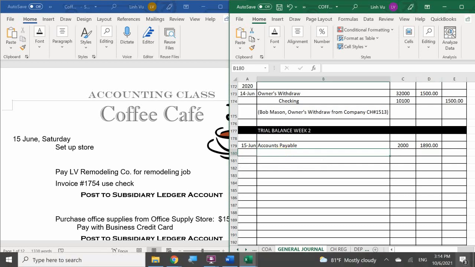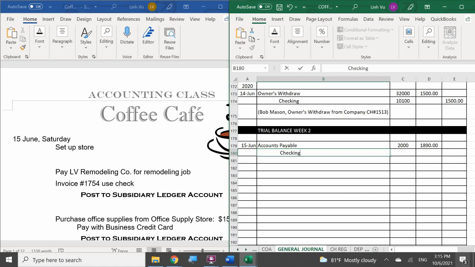Yes, you're exactly right, because the first transaction we recorded was that we acknowledged that a job was done. We had subcontractor expense. However, I didn't pay them then. I said I would pay them later. Now, fast forward a couple of days, it's time to make a payment, so I actually have to pay for what I owe.